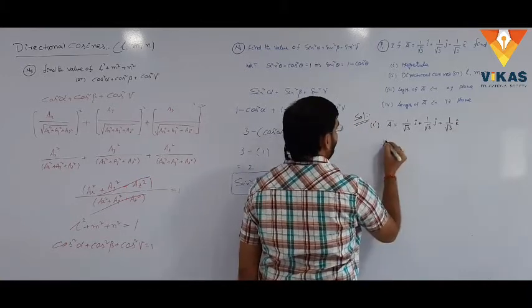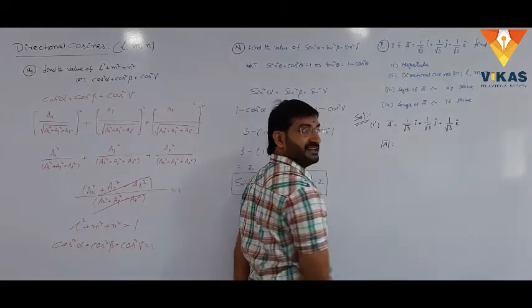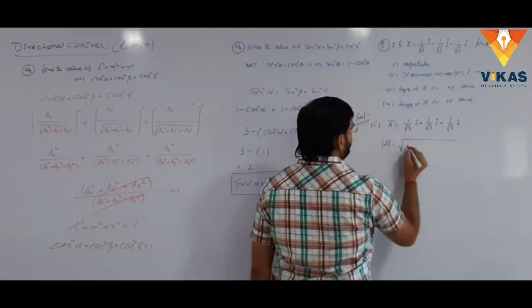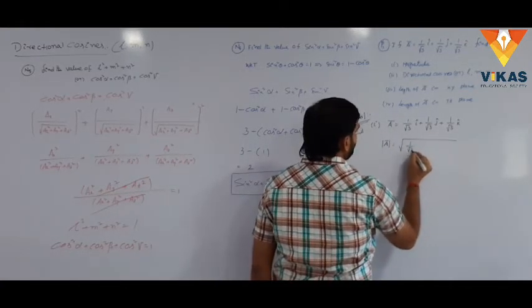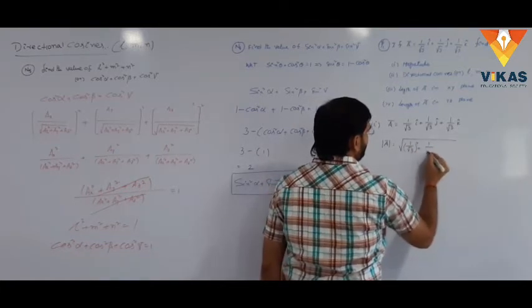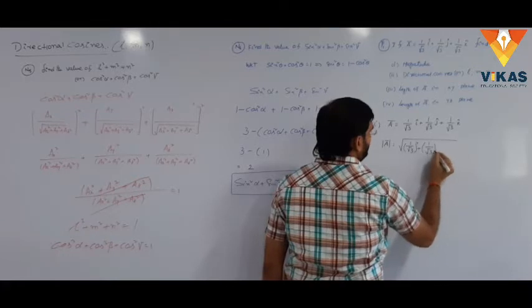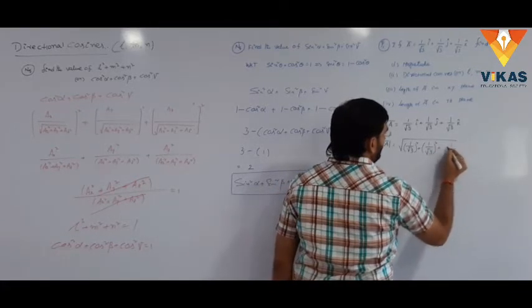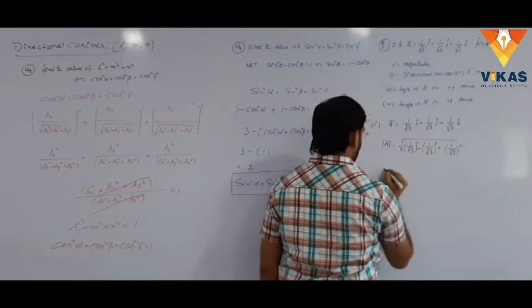How to calculate the magnitude? Magnitude is nothing but a bar modulus. Here square root of coefficient of i whole square, 1 by root 3 whole square, coefficient of j whole square, 1 by root 3 whole square, coefficient of k whole square, 1 by root 3 whole square.